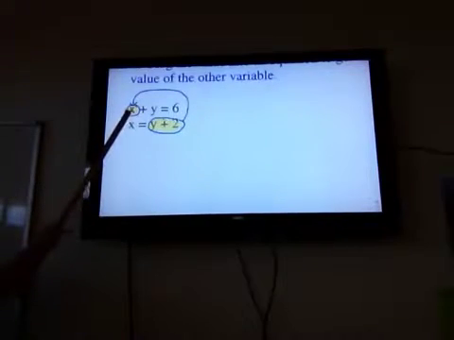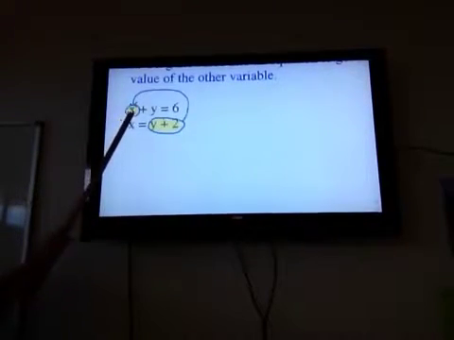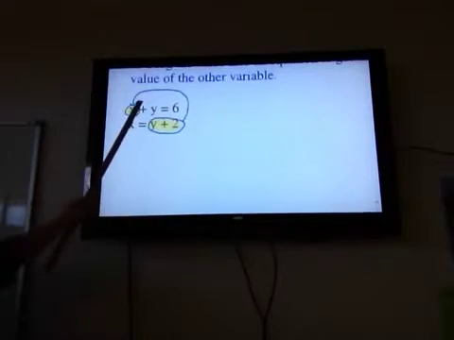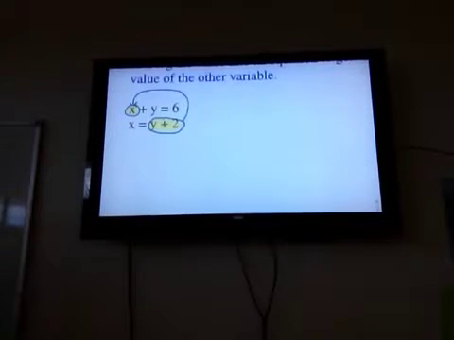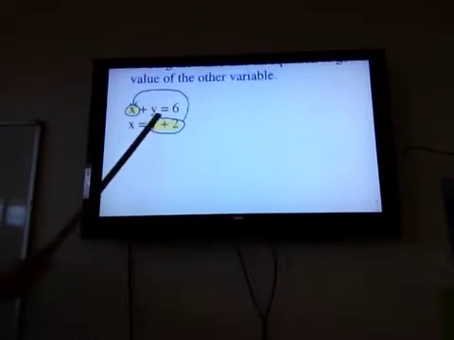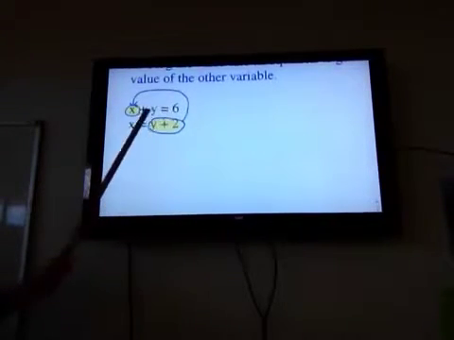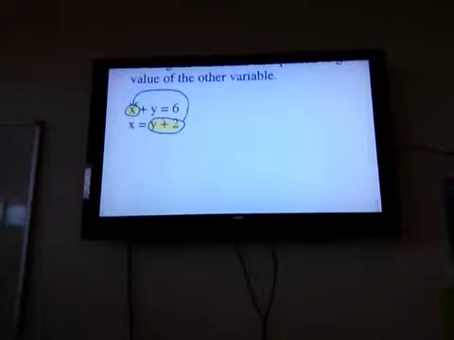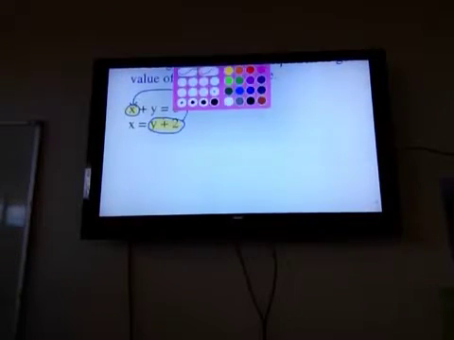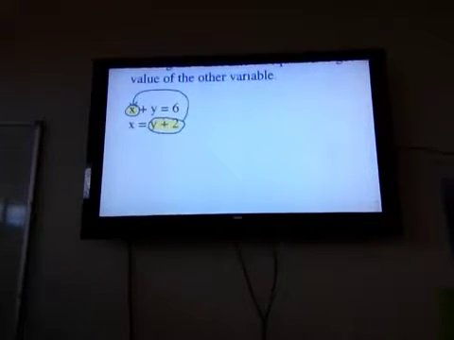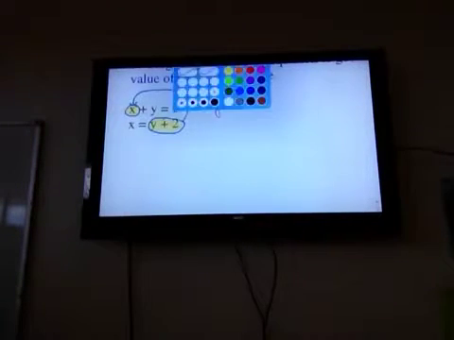So this x is going to come out of the game, and y plus 2 is going to sub in. All of this other stuff stays the same. So I'm going to write my substitution in a different color so you can see exactly where I'm subbing. My x is coming out, my y plus 2 is going in. The rest of it I'm leaving the same.